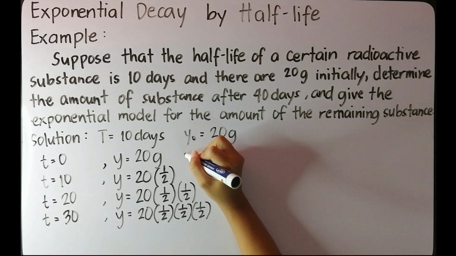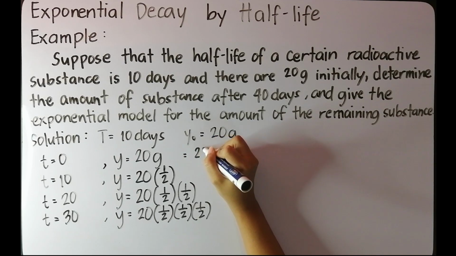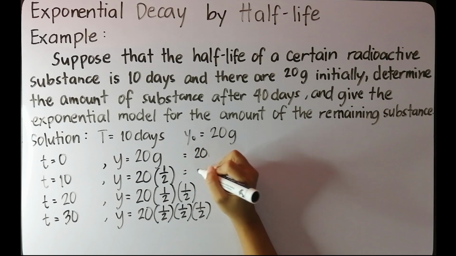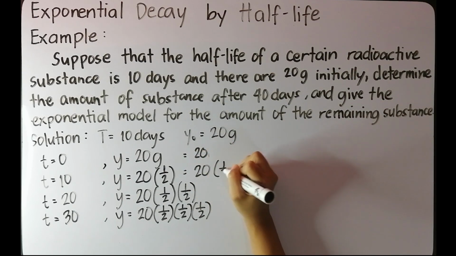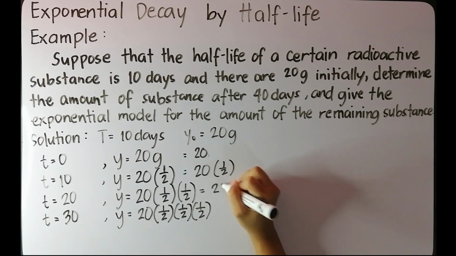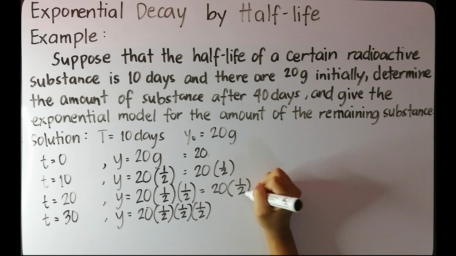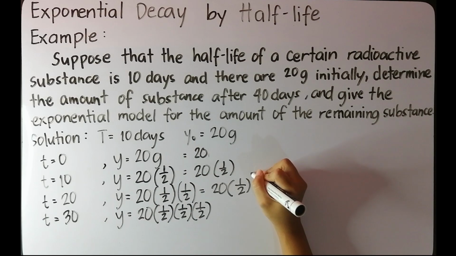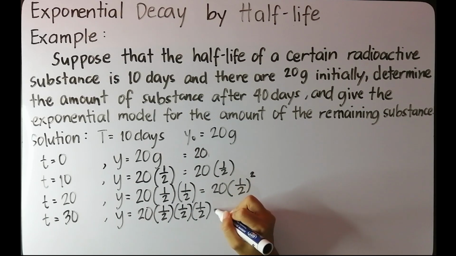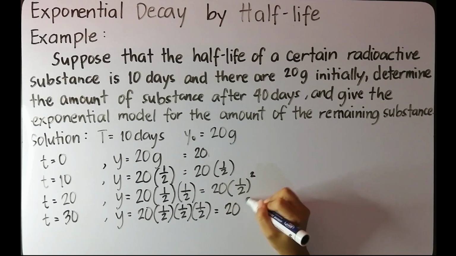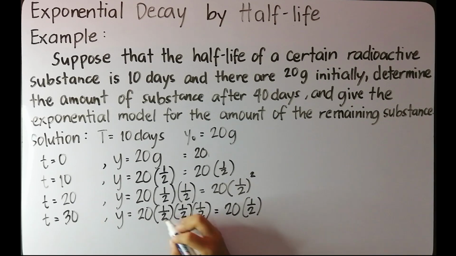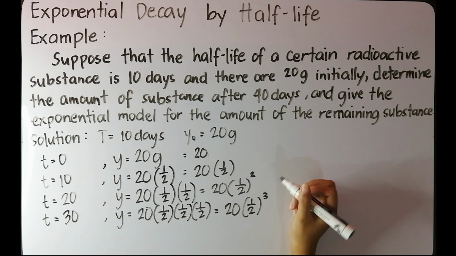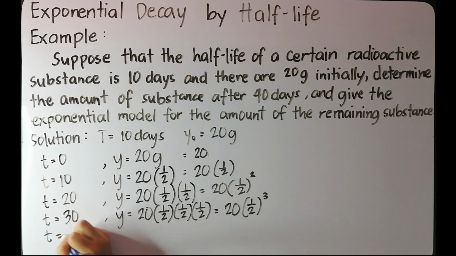So we have here 20 times 1/2 times 1/2, since you're just multiplying it by itself twice, so that is raised to 2. What about this? We have 20 times 1/2, so we have 1, 2, 3, so that is raised to 3. The exponent is 3. What about if it's 40 days?